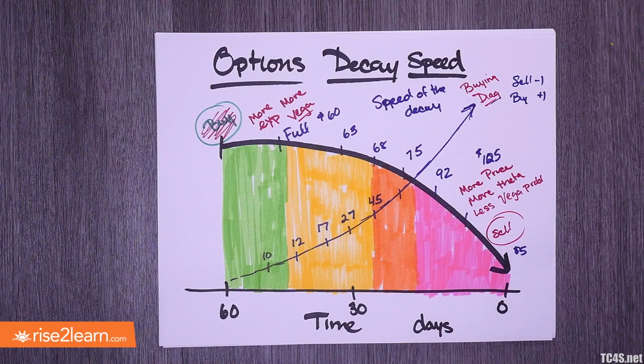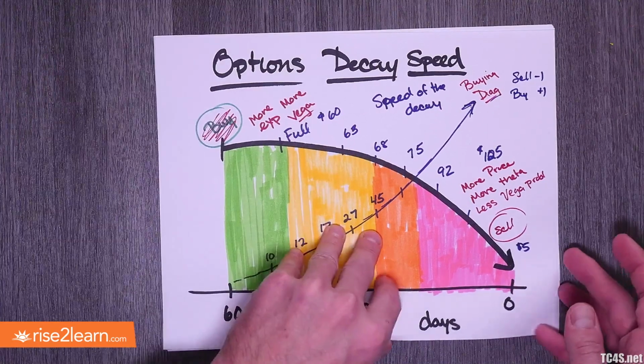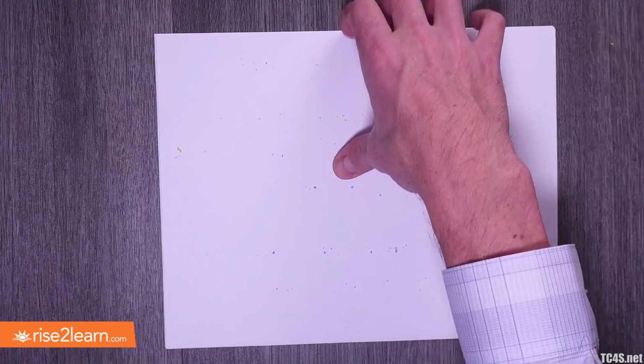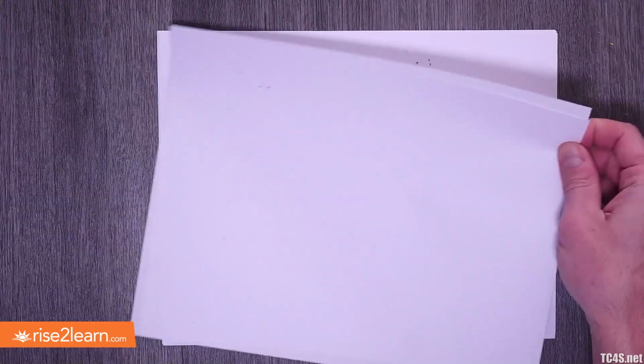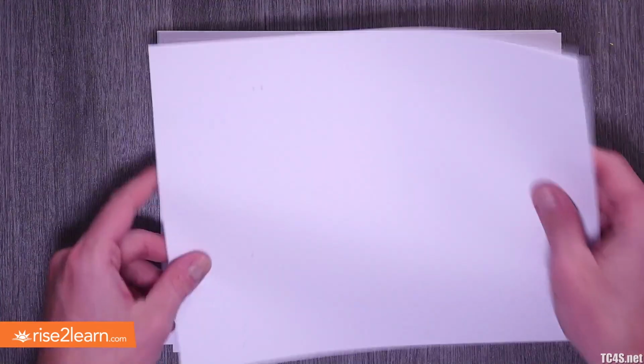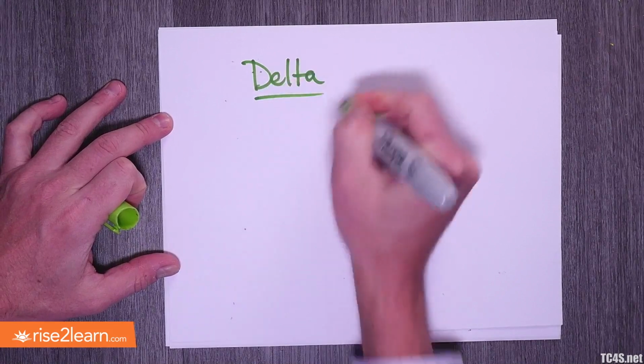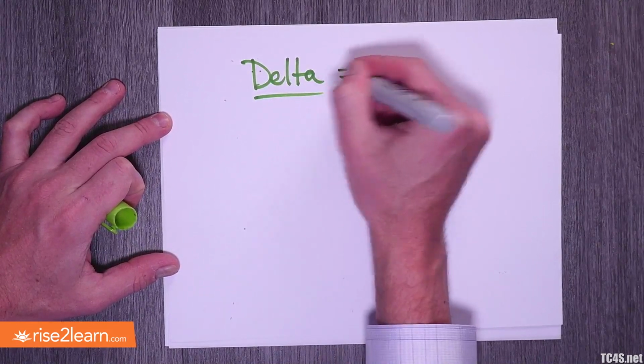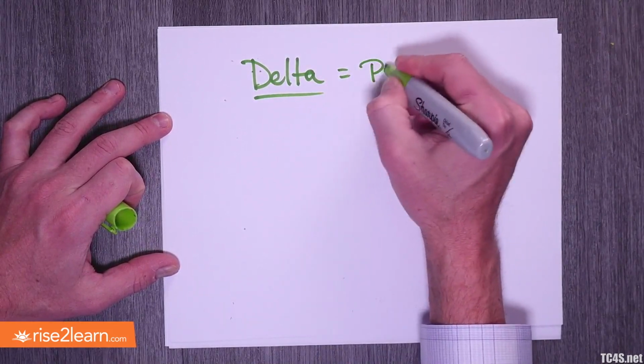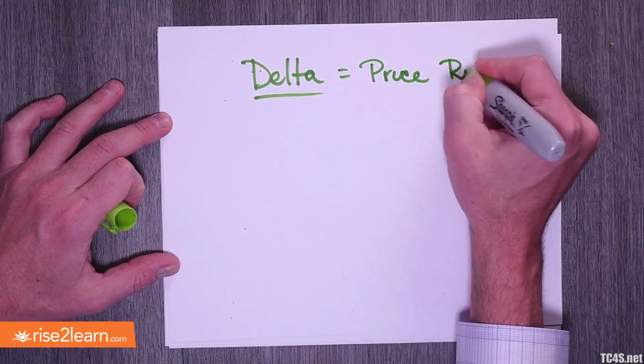If we look at our delta, the question is whether the stock is going up or down. So it's the 1 point change. When we look at the delta, this is telling us our price risk.